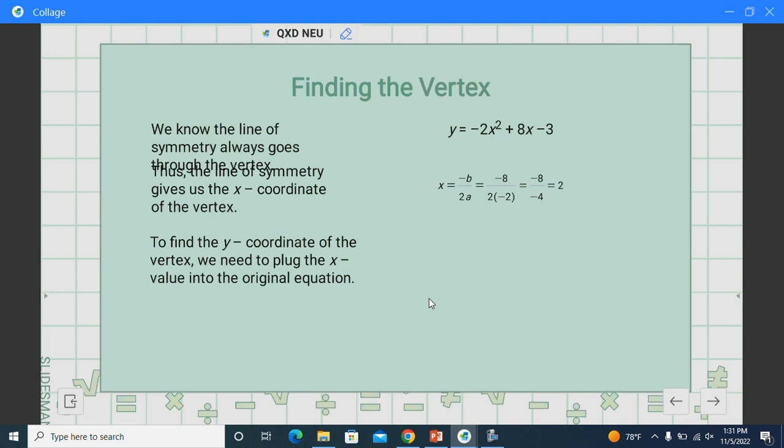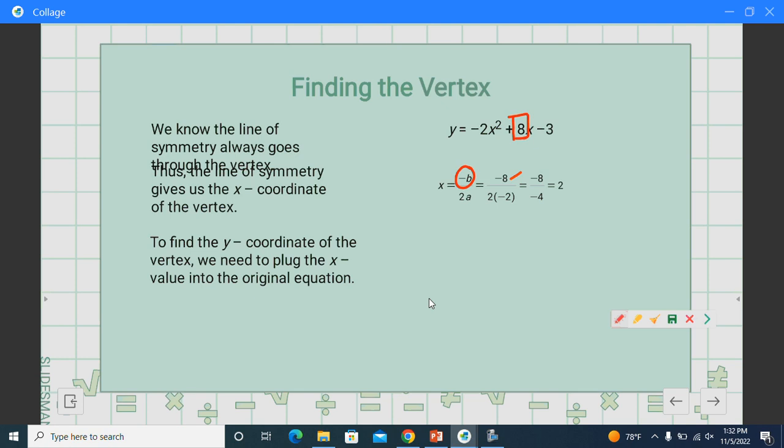Let's use a different example: negative 2x squared plus 8x minus 3. The same thing, let's plug in for the line of symmetry. The opposite of b, b is positive 8, therefore we have negative 8.